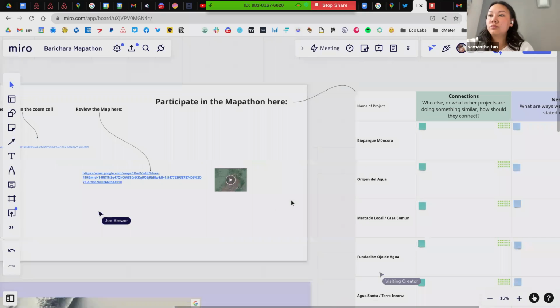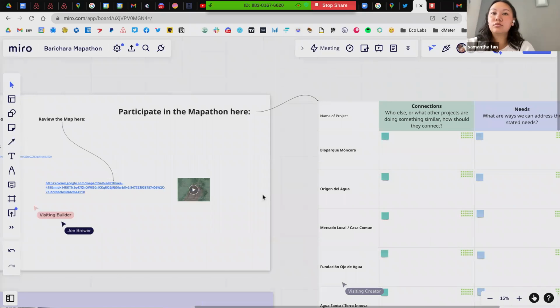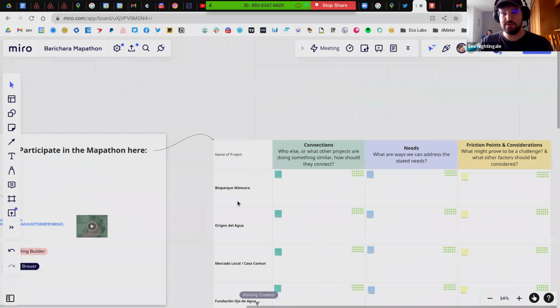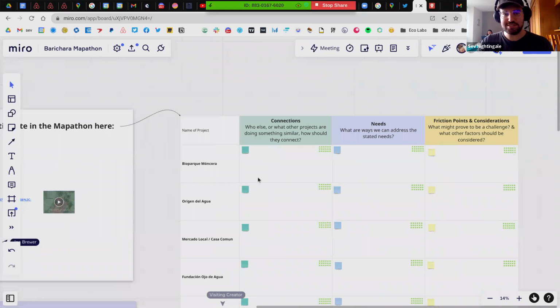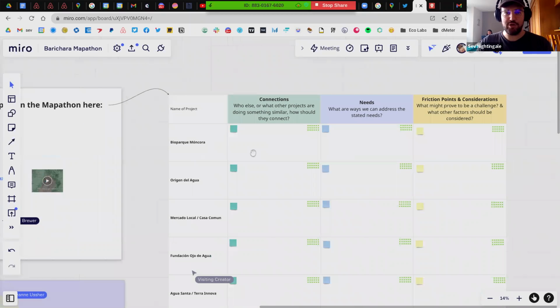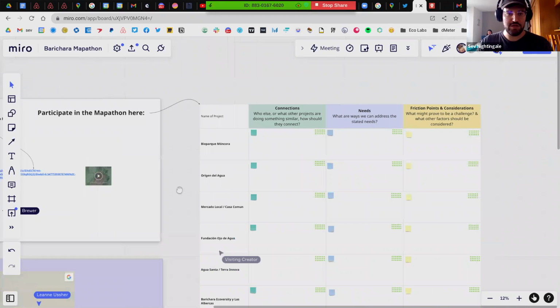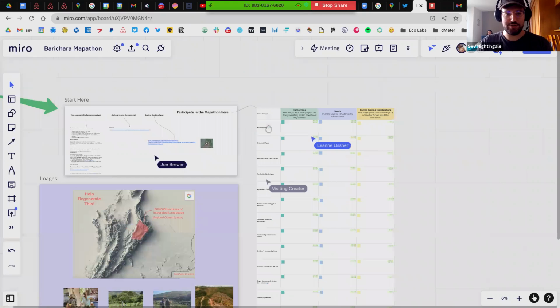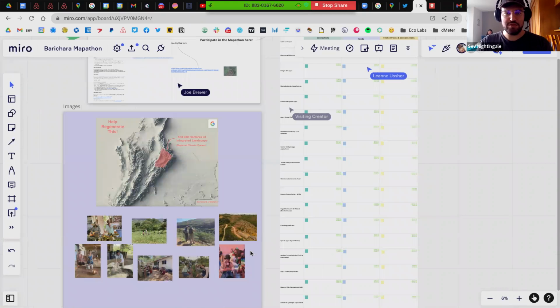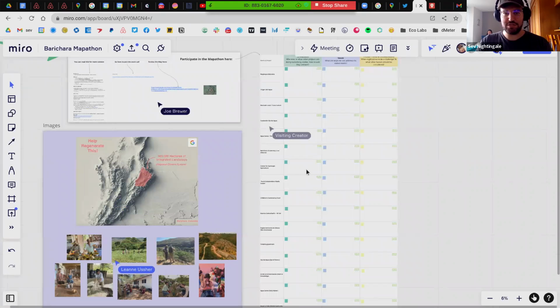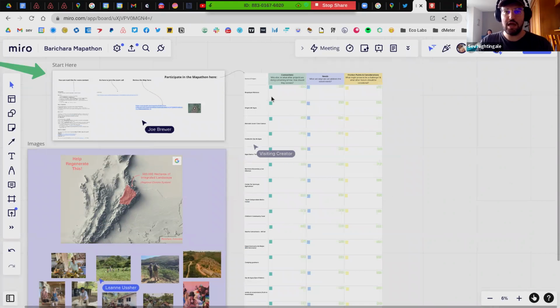The way that you can participate, joining us here, is through each of these projects. After we've reviewed them, we'll be using this section of the Miro board. Let me zoom out just so you have the whole picture. There are some images from some of the projects here to give you context, but essentially where we'll be spending most of our time is in each of these columns.